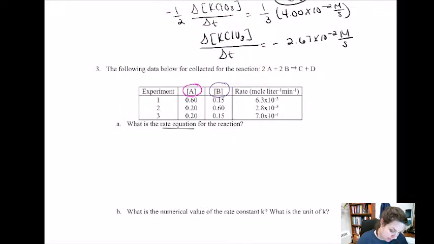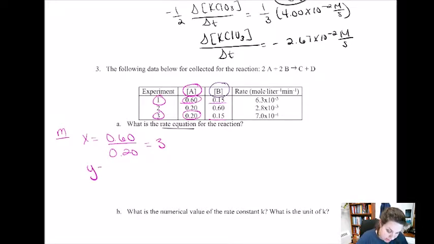So we're going to say x is equal to 0.60 divided by 0.20. I choose experiments 1 and 3 because we have A changing, B staying the same. We divide that out, we get a value of 3.